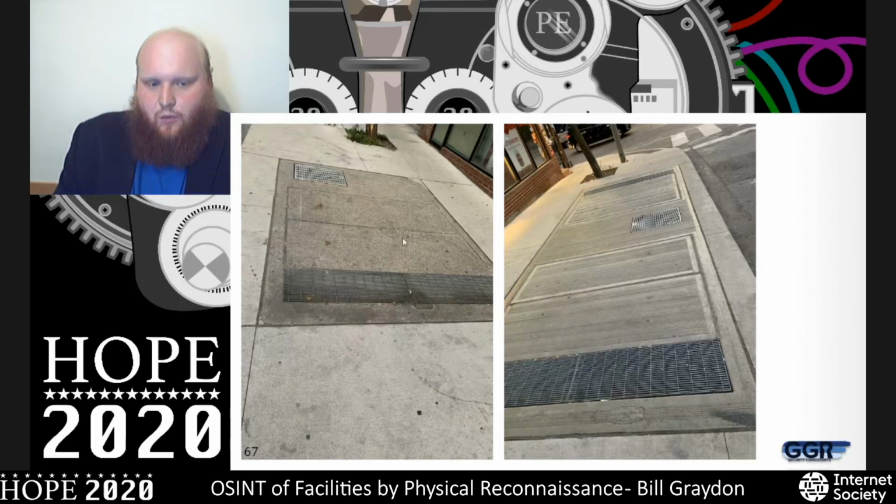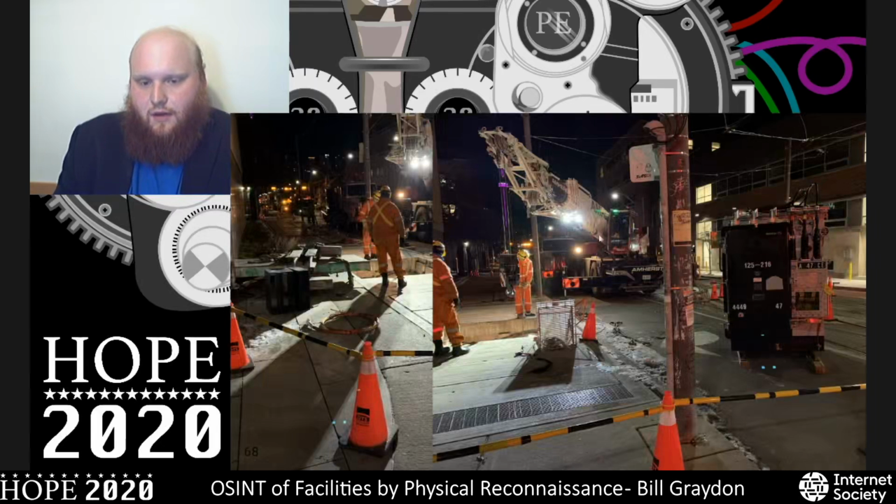Based on the size of a 1 or a 2 transformer vault, we can get a sense of what the capacity is going to be. And based on the position, we can get a sense of where the building's mechanical room will be. So this is a fun picture of how they actually maintain the transformers here. They're going to crane lift off these concrete slabs and crane lift in a new one.